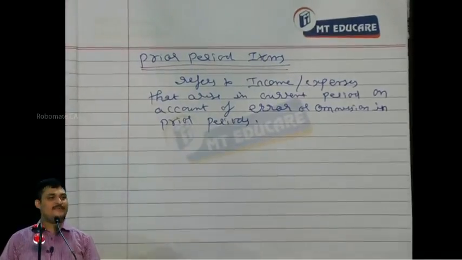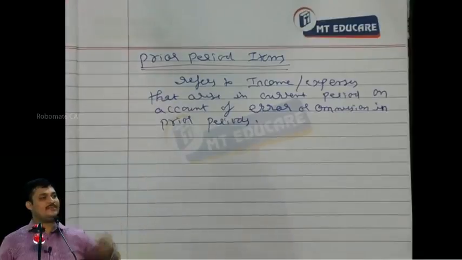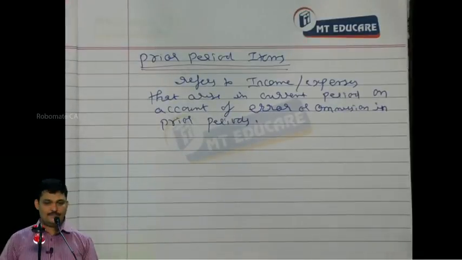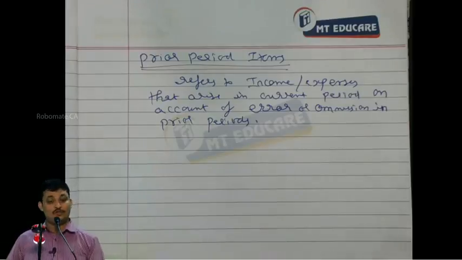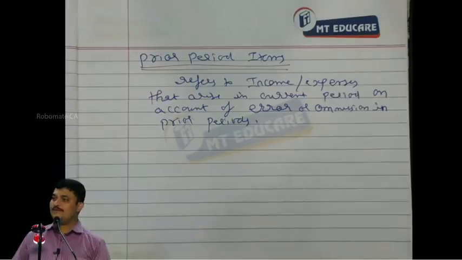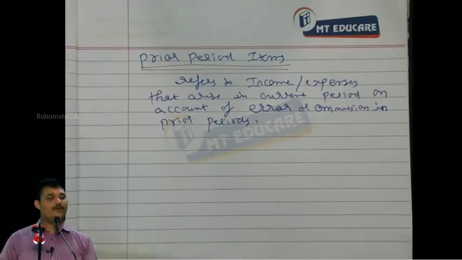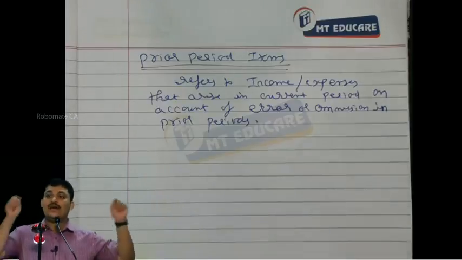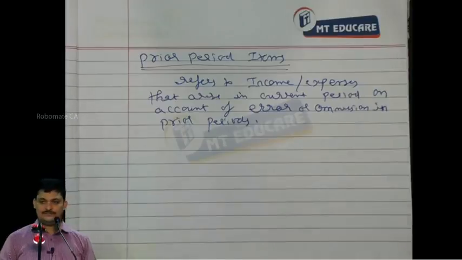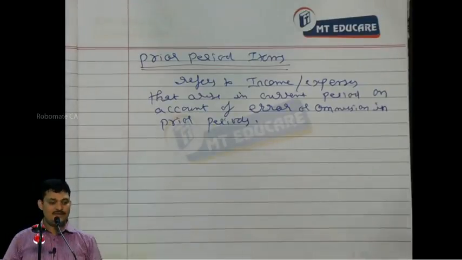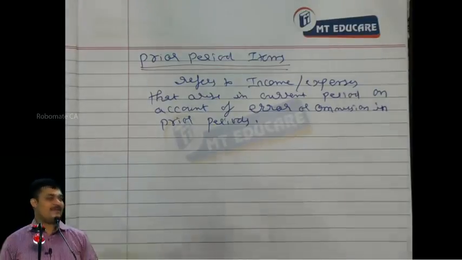What happened is that last year we purchased machinery for 10 lakhs, with depreciation at the rate of 12%. So what is the depreciation? 1,20,000. Understood? They charged depreciation of only 12,000 because of some technical mistake.